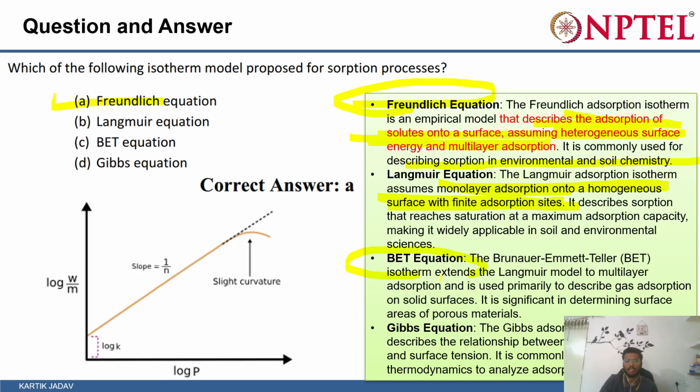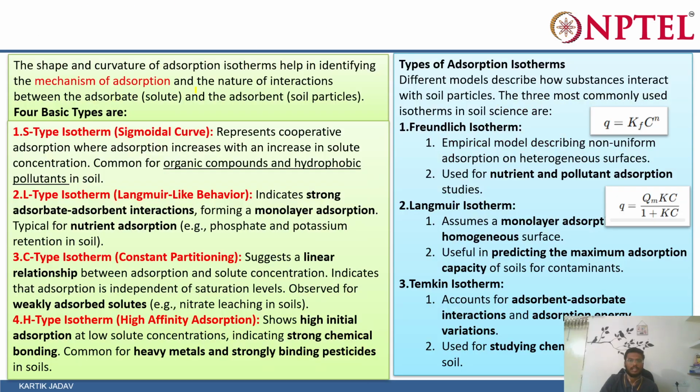While we also have the Bates equation and the Gibbs equation that we also use in certain conditions. So these are the details of each isotherm, that is S type, L type, C type, and H type, and also various isotherms. The common one is the Freundlich isotherm because it is an empirical model that describes non-uniform adsorption on a heterogeneous surface, while the Langmuir isotherm provides monolayer adsorption on a homogeneous surface.